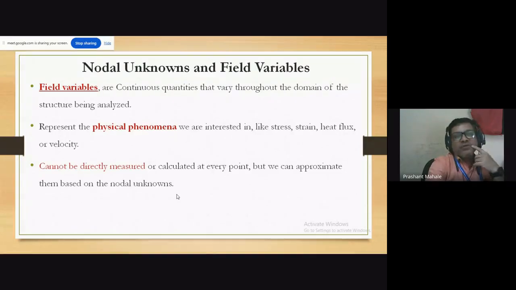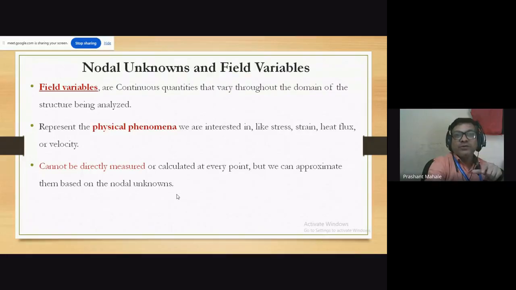As I told you, nodal unknowns are displacements of the nodes. From that displacement, we are going to calculate the deformation of your body, and in case of structural analysis, that displacement is going to show the temperature change.